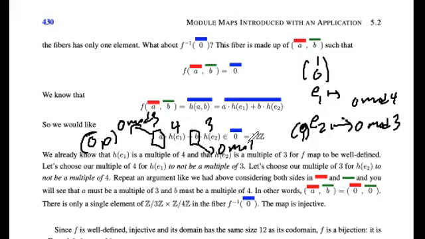So that's what we want to force. So our choices of h of E1 and h of E2 need to be such that they force this to be 0 mod 3 and that to be 0 mod 4, and then we would have injectivity. Okay, so what do we need in order for that forcing to be true? Well, what if h of E1 were a multiple of 3?